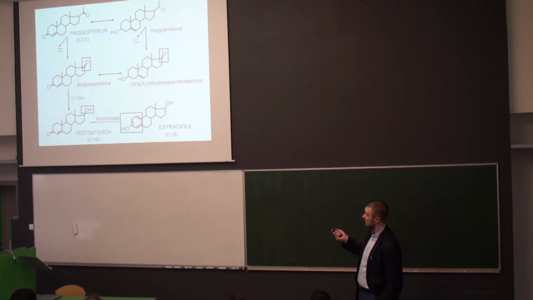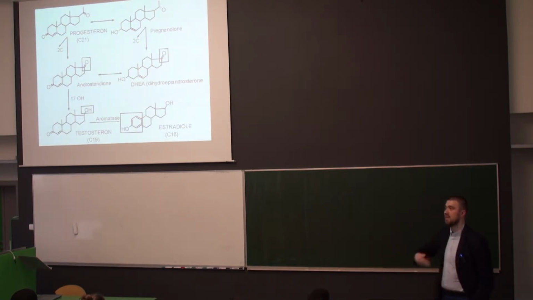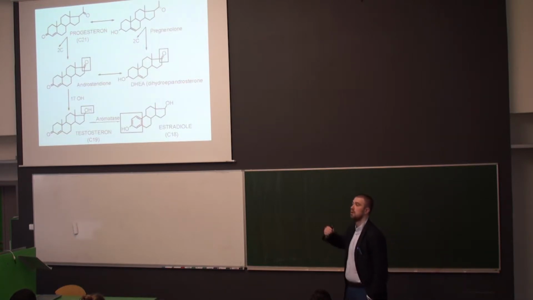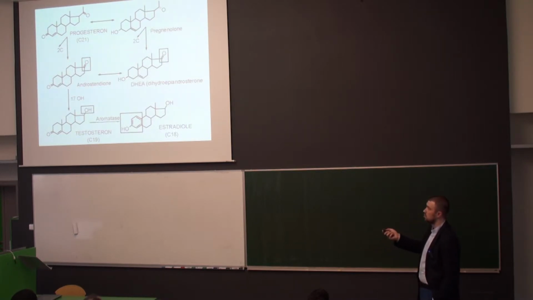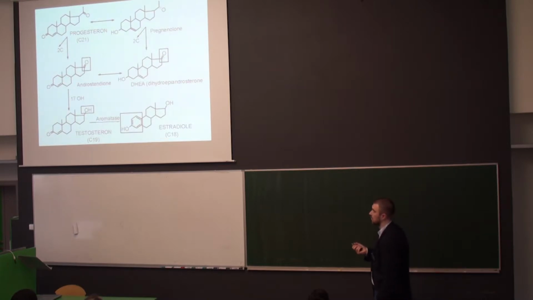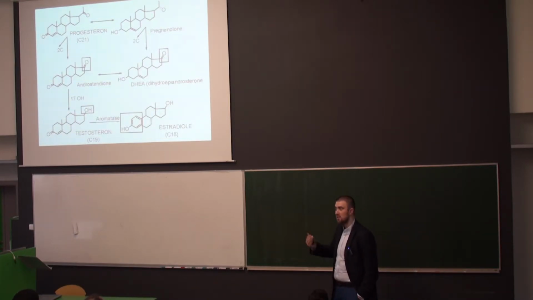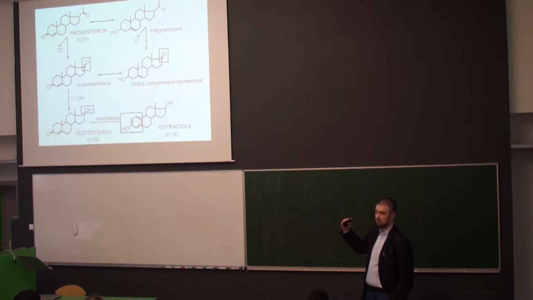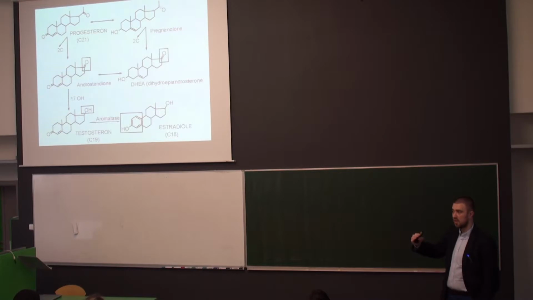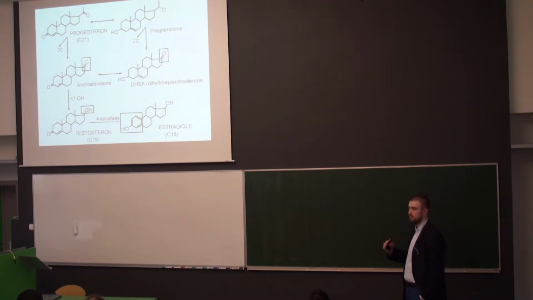Here we have 2 intermediates, androstenedione and dehydroepiandrosterone. These molecules also have some androgenic activity, but they are not the androgens typically produced in big quantities in testes. This is the product of the suprarenal gland. But of course, these androgens can be essential, for example, for women, since their ovaries do not produce testosterone, they produce directly the estradiol.